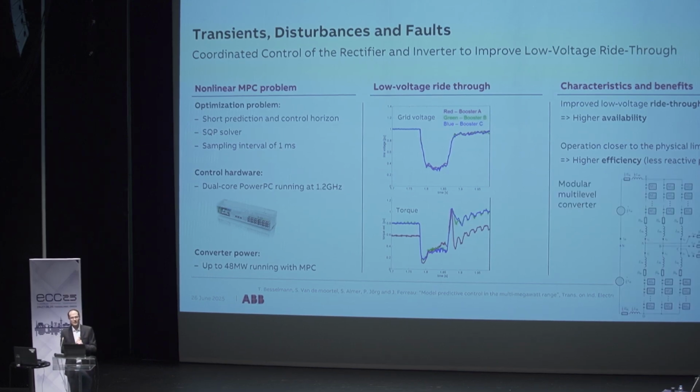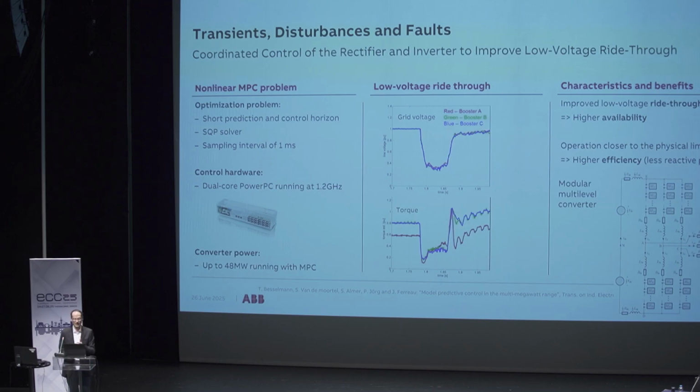Now maybe an even more interesting problem is the so-called modular multi-level converter. So you have these little modules, they're all stacked in series to go to high voltage, to tens or hundreds of kilovolt, and that is state of the art for high voltage DC. And this is a fairly challenging nonlinear optimization problem.